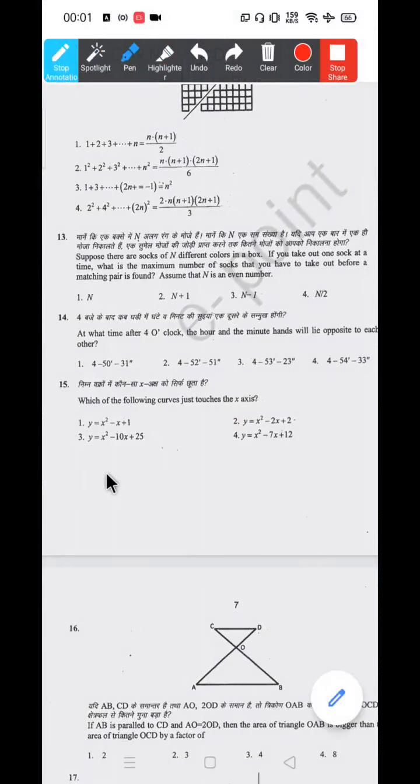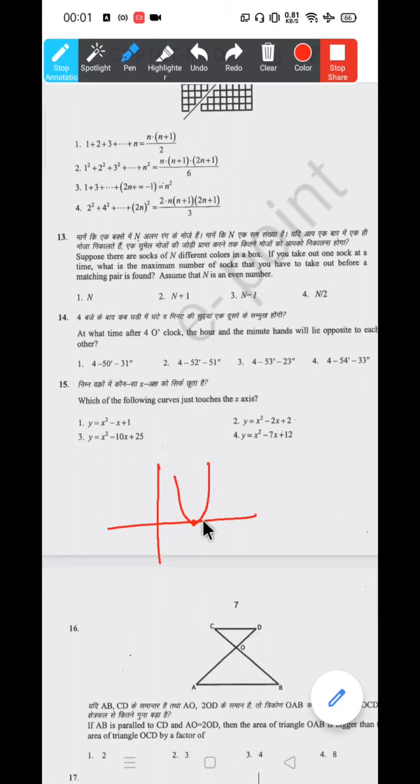Which of the following curves just touches the x-axis? Just touches the x-axis means what? Its derivative is 0. Something like this, just touches the x-axis. Correct?